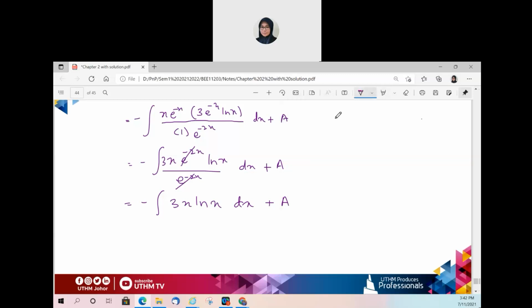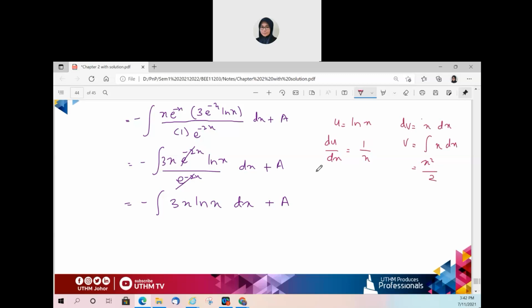So you have u equals to ln x and du over dx is, you differentiate ln x, you'll get 1 over x. And you have dv equals to x dx. And v is, you integrate x dx, you'll get x squared over 2.